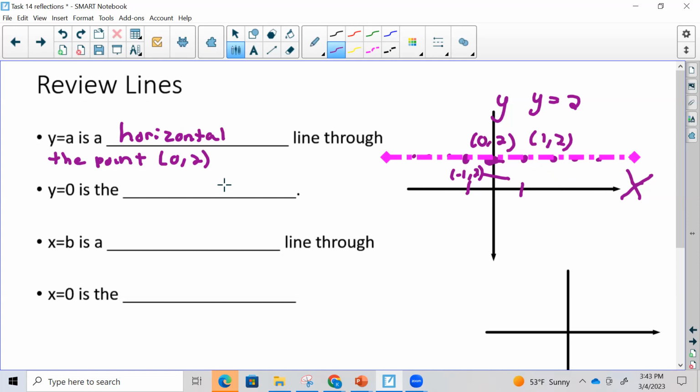And y equals 0 is actually the x-axis. This always messes up students, but it is the x-axis because anywhere on the x-axis, no matter what point I pick, this is (1, 0), this is (4, 0), (3, 0), (4, 0).